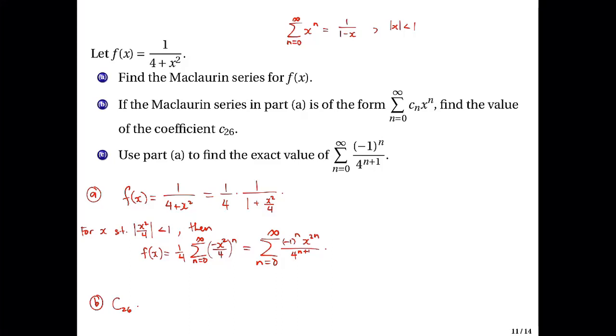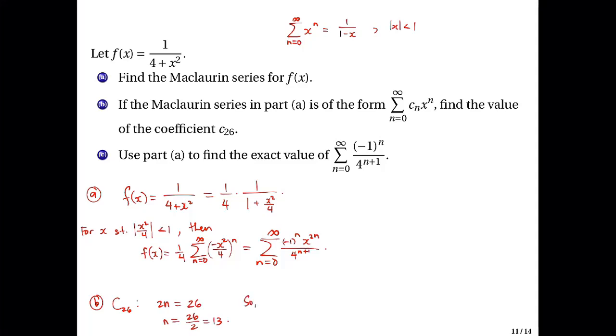So we want 2n to be equal to 26, which implies that n must be equal to 26 over 2, which is equal to 13. So C sub 26 appears when n equals 13.